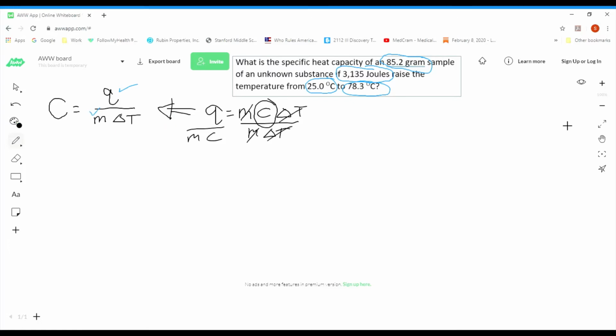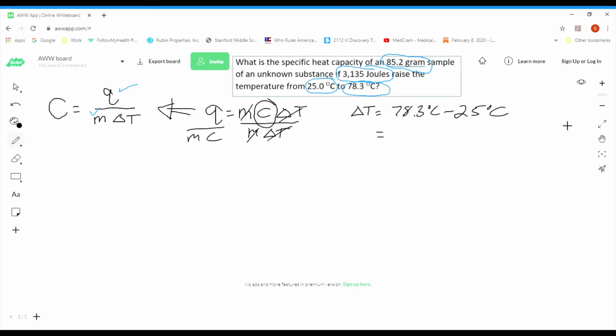Let's go ahead and do that. First, let's calculate what delta T is. How much is the temperature going to change? Remember that delta T is T final minus T initial, the final temperature minus the initial temperature. So we put in the final temperature, 78.3 degrees Celsius, minus 25 degrees Celsius. It started at 25 degrees Celsius and went to 78.3, so we subtract the initial from the final.